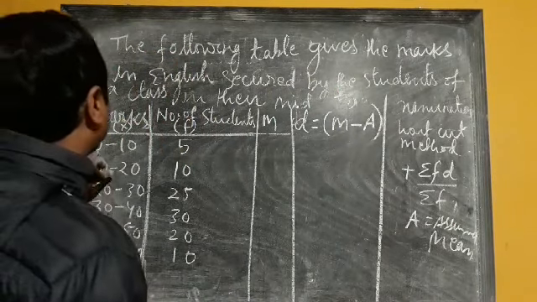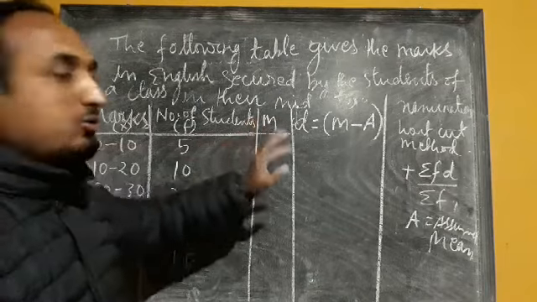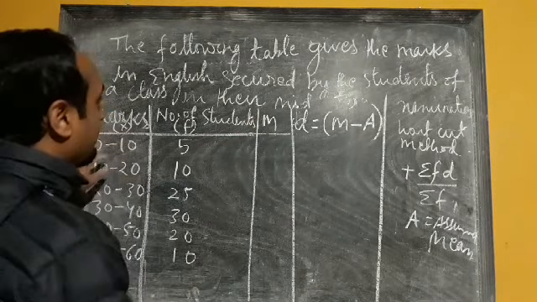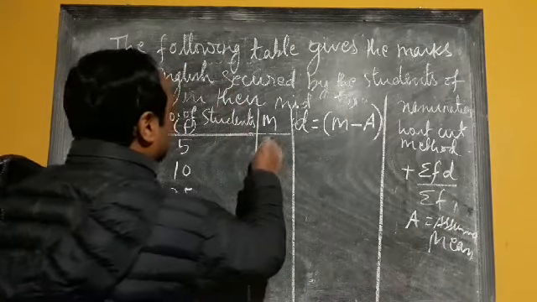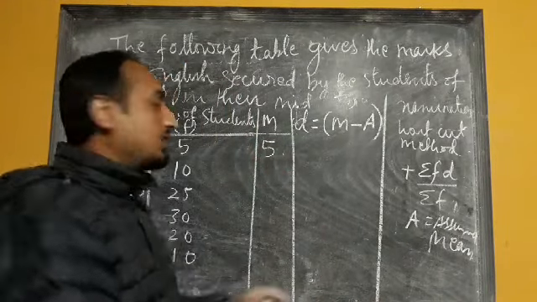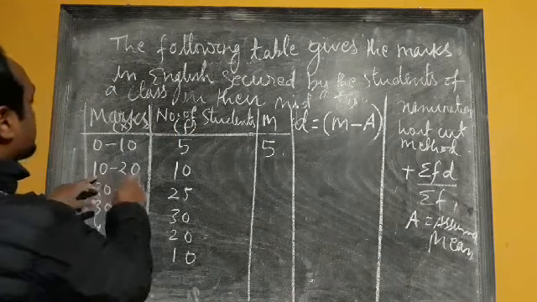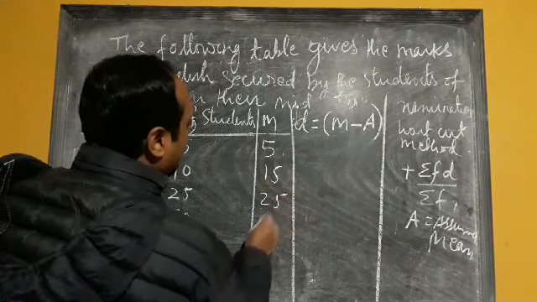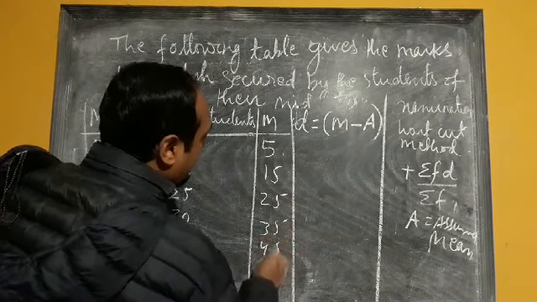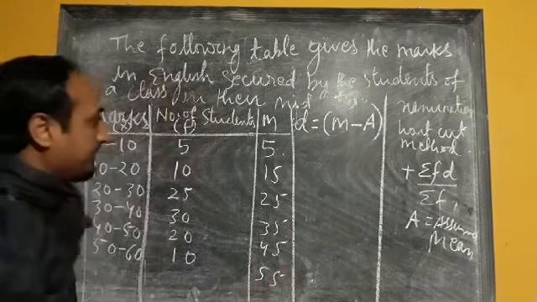Let's calculate mid value, L1 plus L2 divided by 2. So here 0 plus 10 divided by 2 will get 5. The first mid value is the same as the earlier one. 5, then 10 plus 20, 30 divided by 2, we have 15. The next are 25, 35, 45, 55.